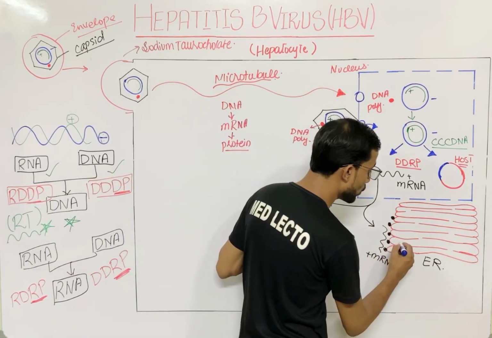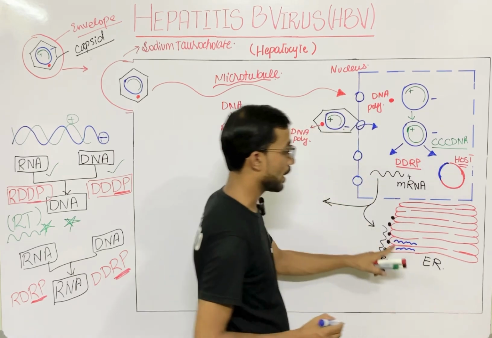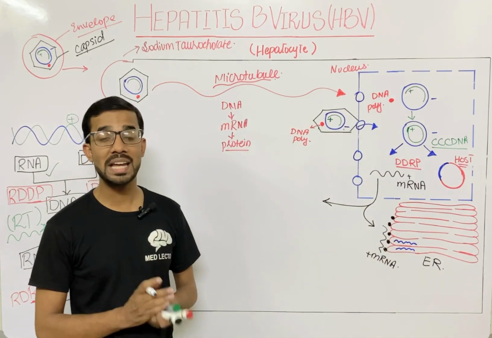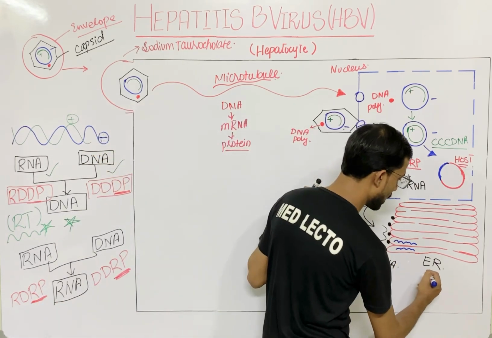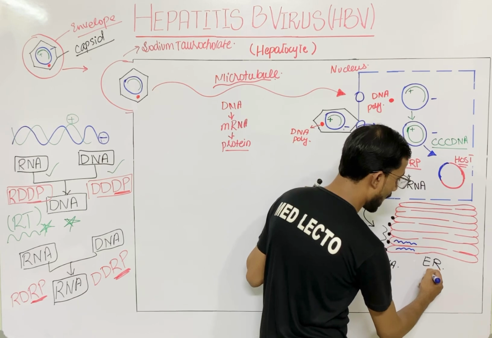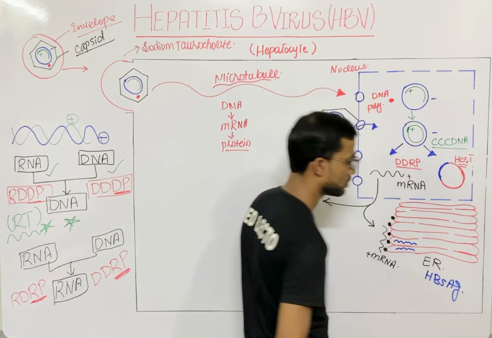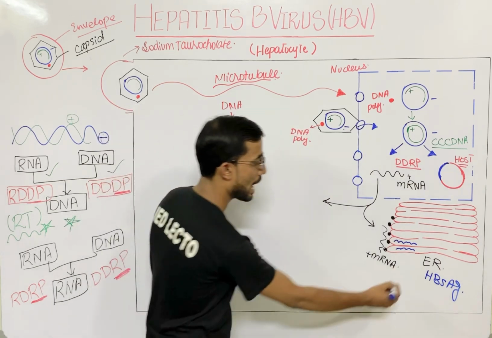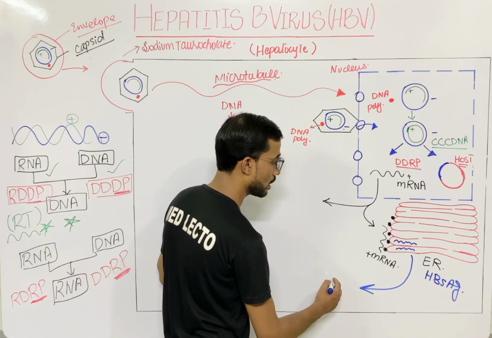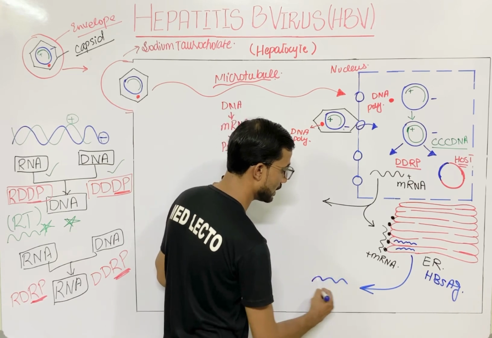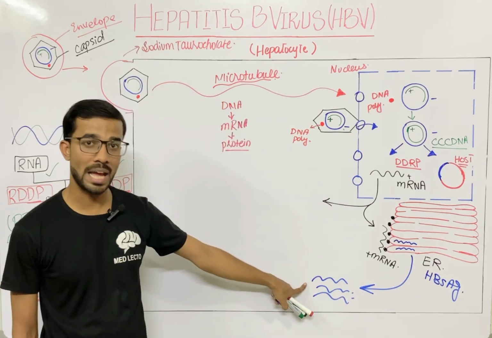Now, in that case, you will see the synthesis of the different proteins. These proteins will include the important antigen, the hepatitis B surface antigen, and go outward from the rough endoplasmic reticulum. Here are basically the different proteins that will ultimately be used in the formation of the capsid.